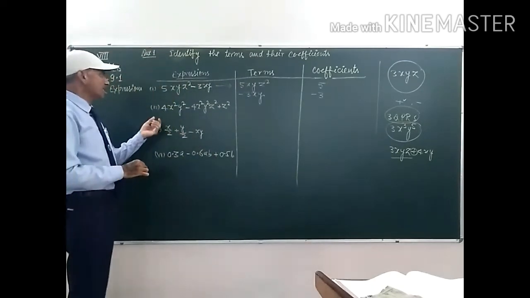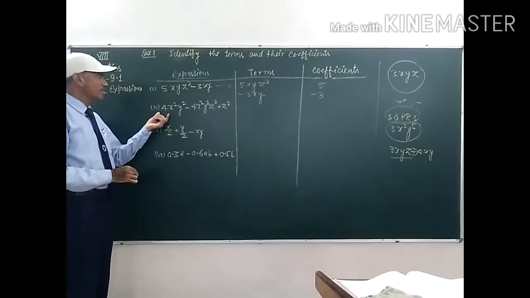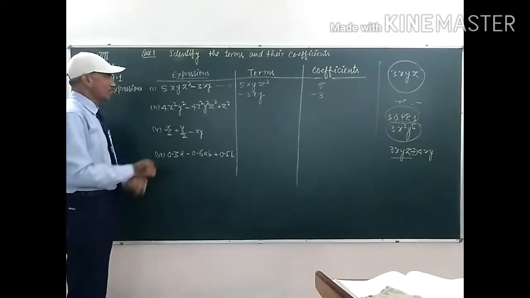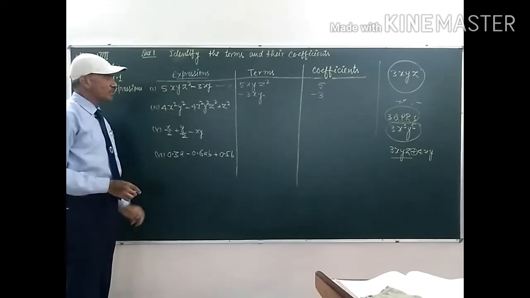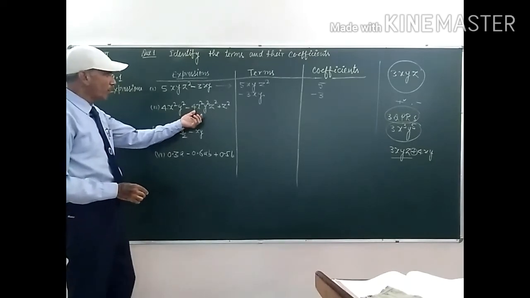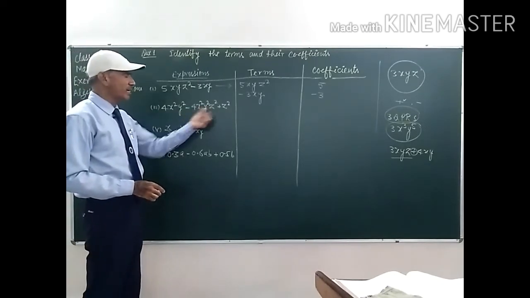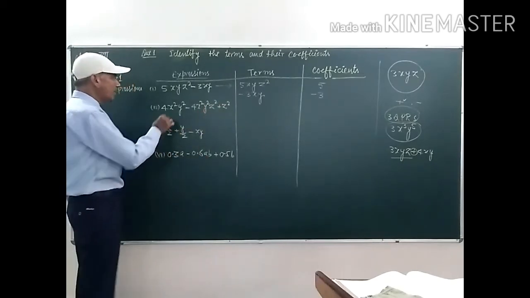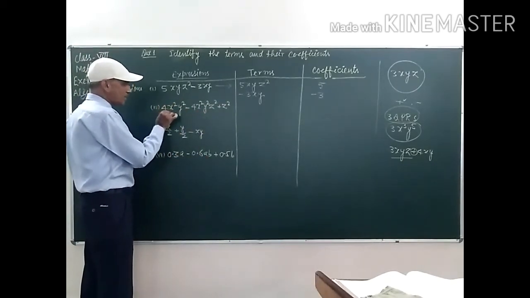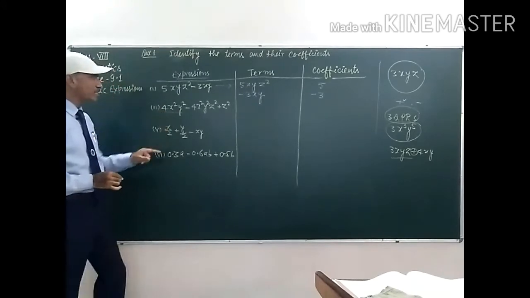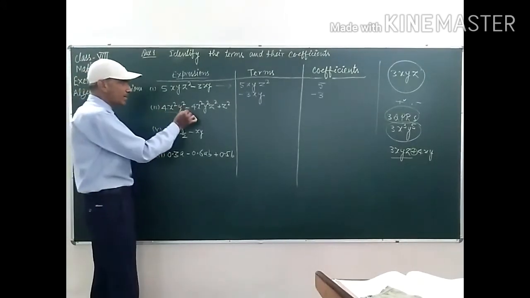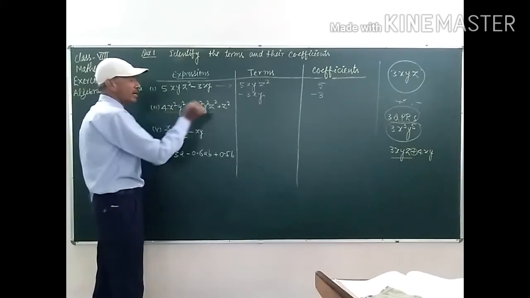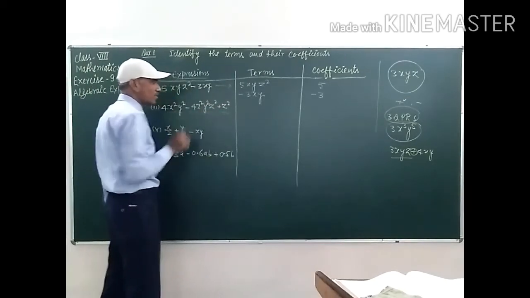And in this expression, this is the third part of question number first. 4x square y square minus 4x square y square z square plus z square. There are 3 terms, students. First term is 4x square y square, second term is minus 4x square y square z square, and third term is z square.